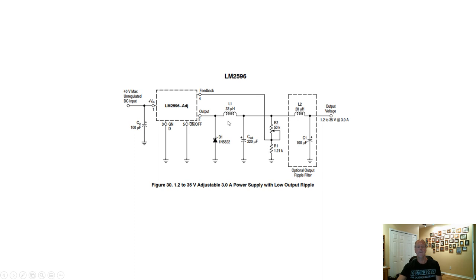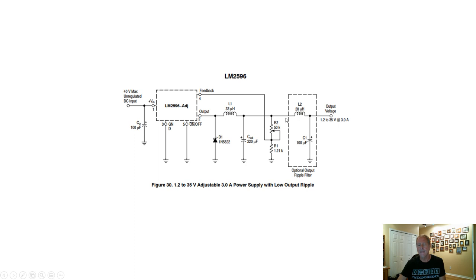Here's the main inductor, and here's the catch diode. It's a Schottky 5822, and here's the big electrolytic charge capacitor used on the output. They've added another little LC filter here to reduce the ripple.